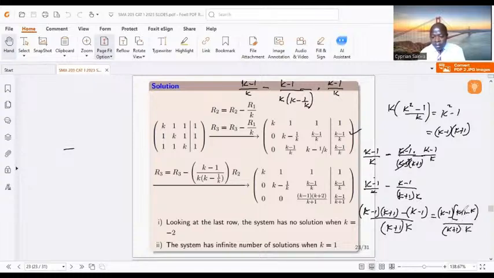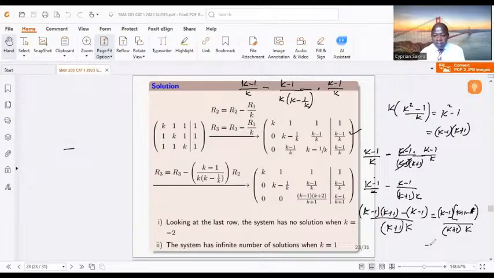Now what is inside this bracket is k plus 1. What was this? This was 1. It is k plus 1, then minus 1, which gives us k.